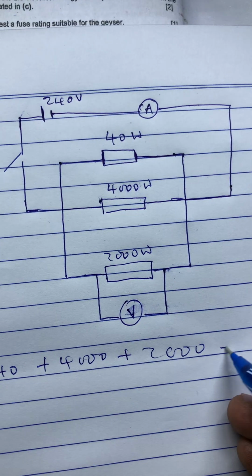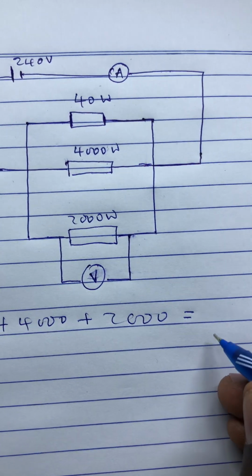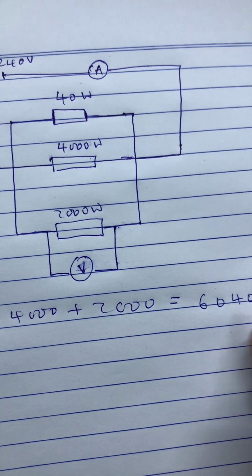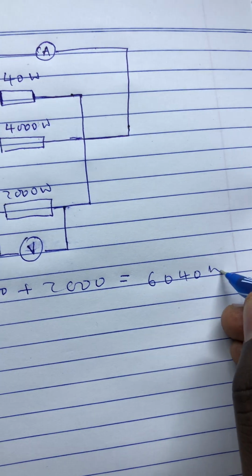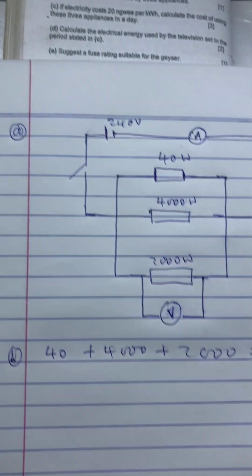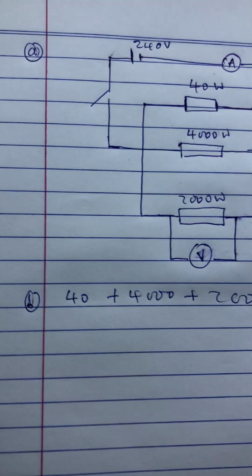So just sum this up, and then you're going to have your total power. That's why it is 1 mark here. So just sum up these 3 appliances and then you move on.